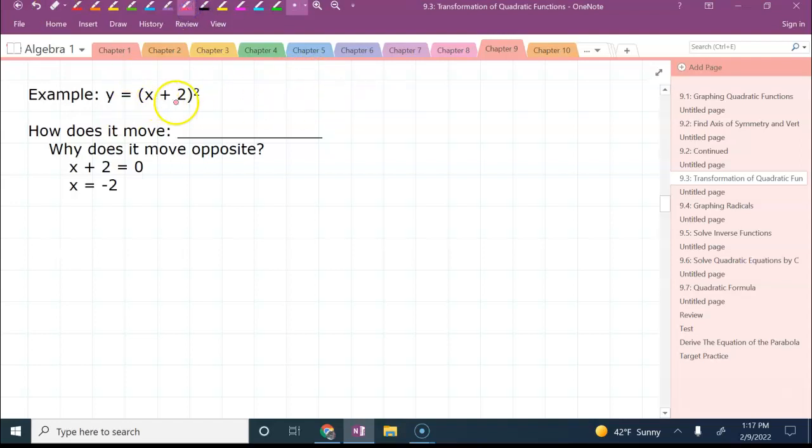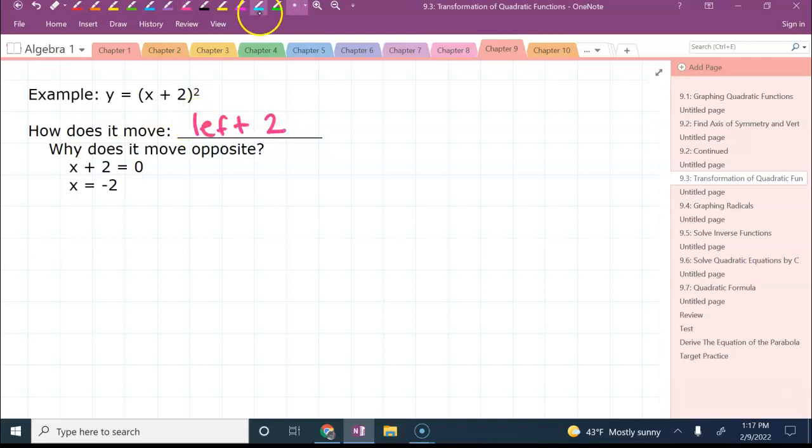When your number is on the inside of the parentheses like this, it's either going to move it to the left or to the right. Now, with moving left or right, you almost have to think backwards. Because when we see plus 2, we think, okay, positive. And so I would have moved right, because right is positive on my number line. However, when you're talking about moving a graph, this actually went left 2.